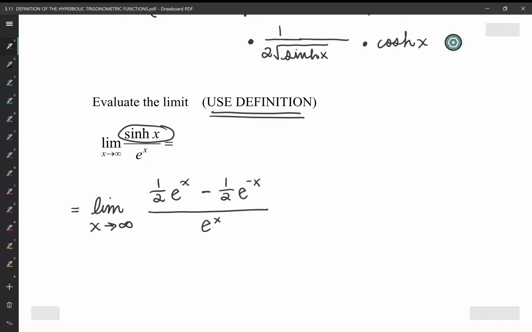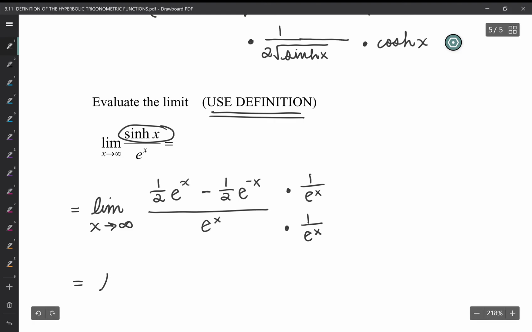And then much like we were doing earlier when we were evaluating infinite limits, we're going to divide by the highest degree in the denominator, or we can think of that as multiplying the numerator and denominator by 1 over e to the x.